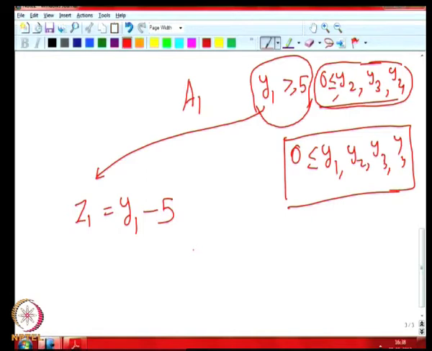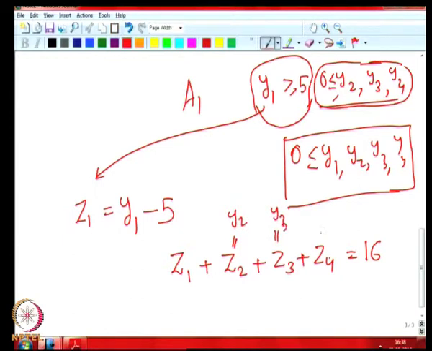Then we will be looking for the solutions of Z1 plus Z2 plus Z3 plus Z4 equal to 16, where Z2 is only y2, Z3 is y3, Z4 is y4, there is no change here, but Z1 is y1 minus 5.